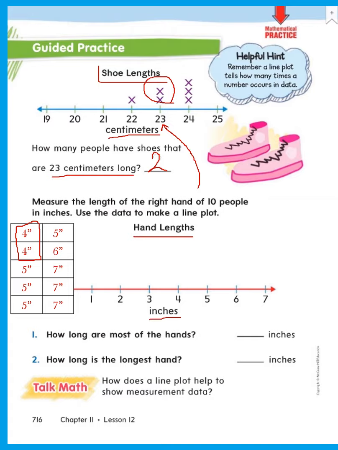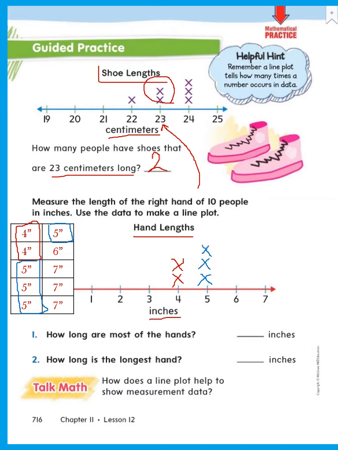I'm going to go to the 4, and I'm going to put 2 X's right there. 2 X's because there are 2 people. There are 2 hands that are 4 inches long. Well, 2 right hands. Now, I see the number 5. 1, 2, 3, 4. Okay, so I'm going to put 4 X's above the 5.